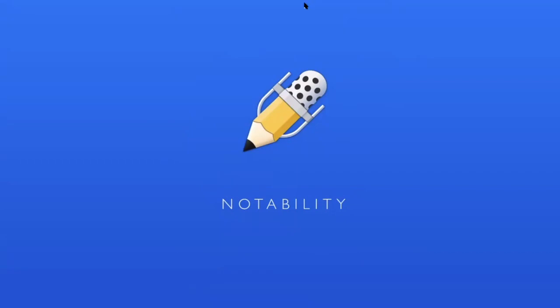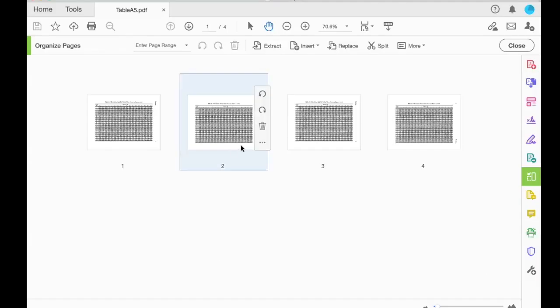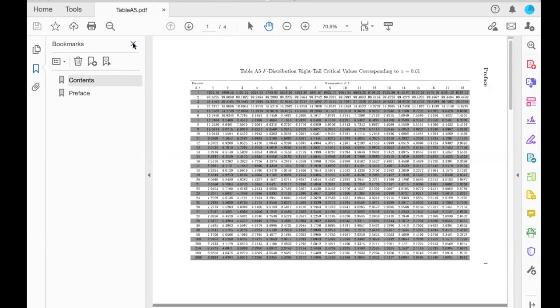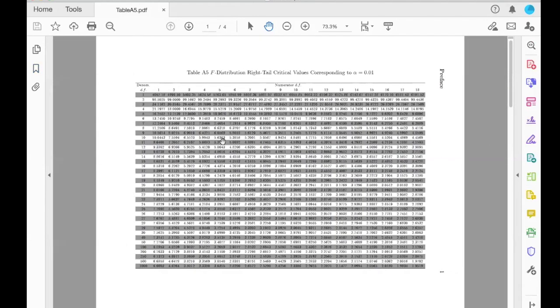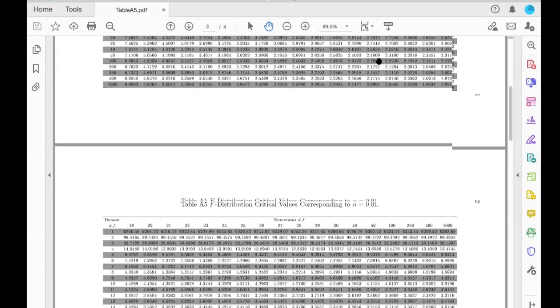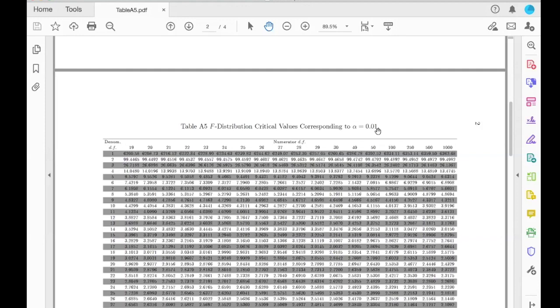So here it comes. I hope you're seeing the page. Let me bring up the first page of the table. Maybe you can see there's an alpha of 0.01 on the first page. The next page, still 0.01 alpha.